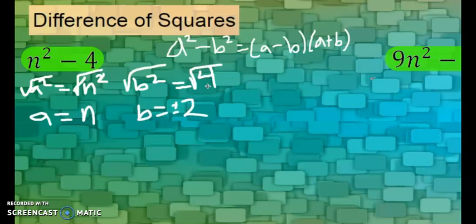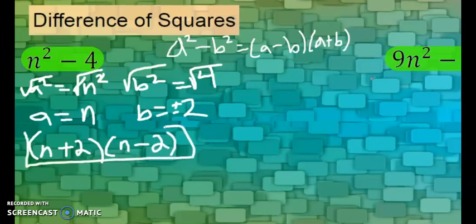And whenever we take the square root of a number like this, we put a plus and a minus sign in front of it. So if we plug this into the formula, we have n plus 2 and n minus 2. This is our factored form using the difference of squares formula.